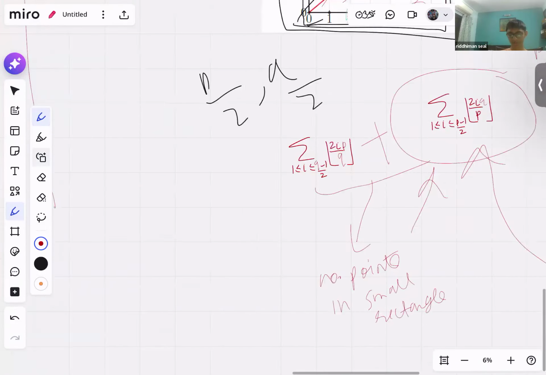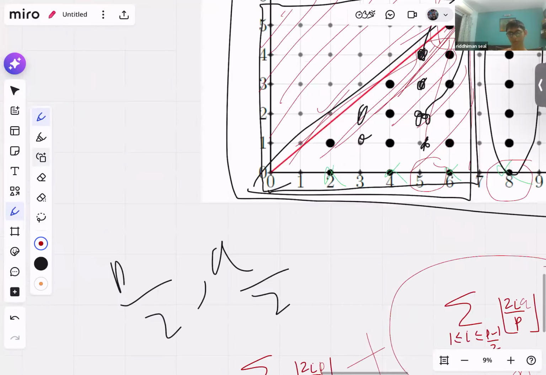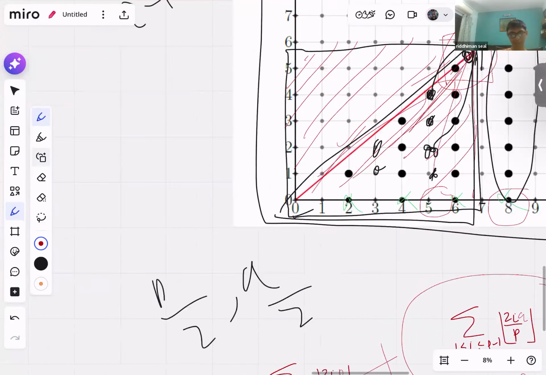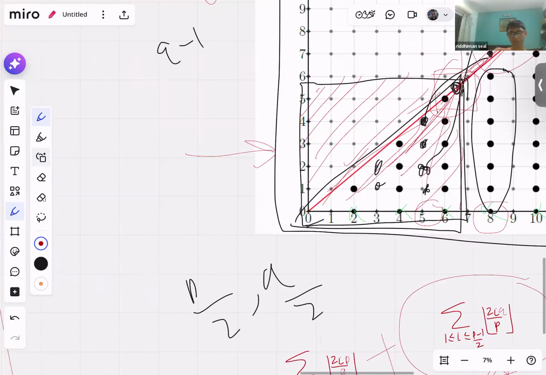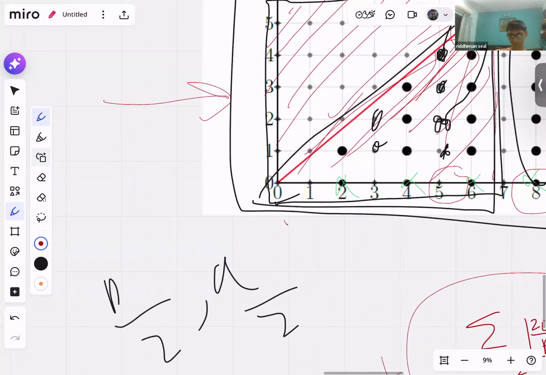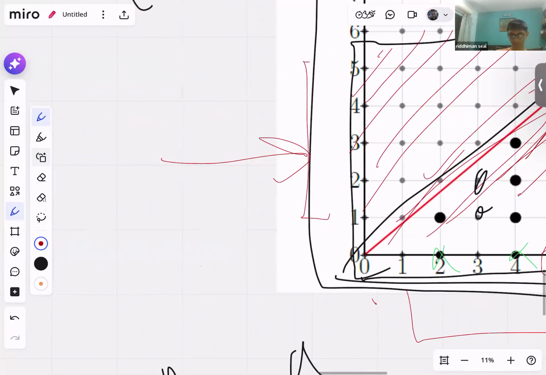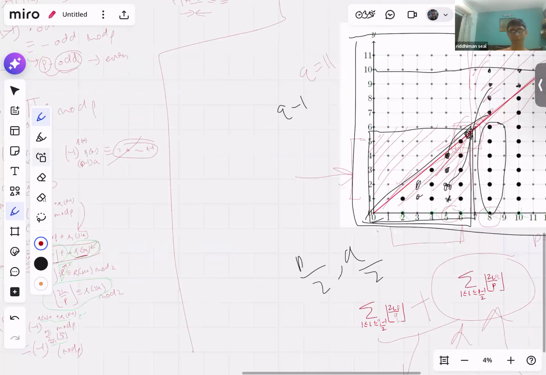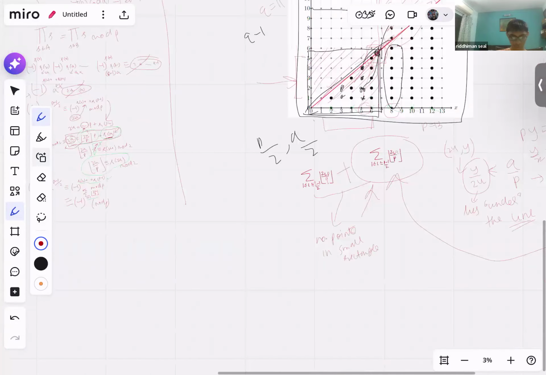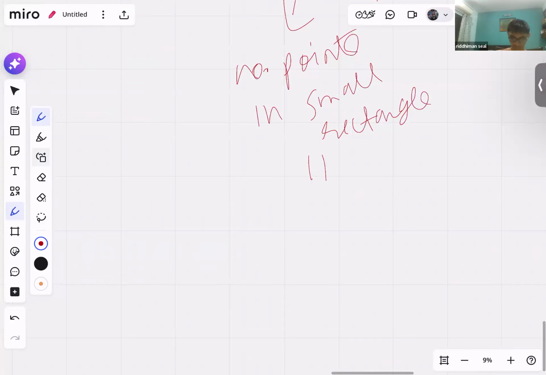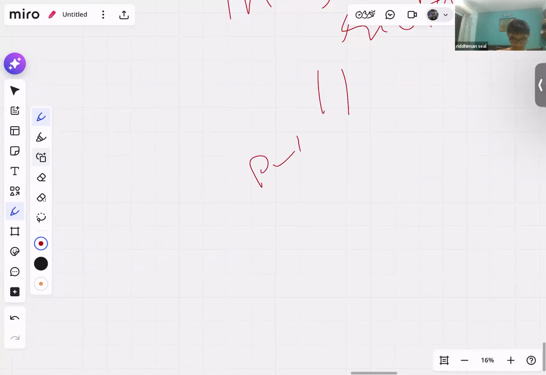And how many points are there in this small rectangle? We have p minus 1 by 2 in one direction and q minus 1 by 2 in the other. So the total number of points here is p minus 1 by 2 into q minus 1 by 2. And we are done.